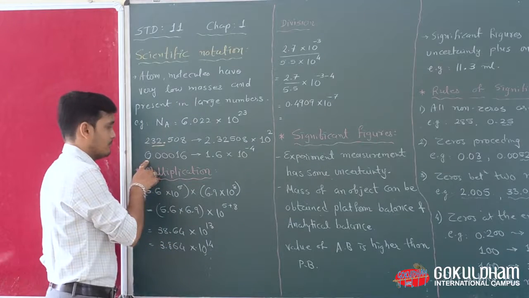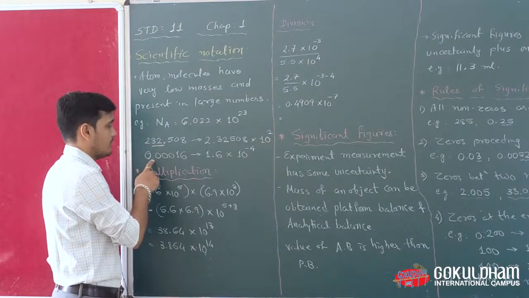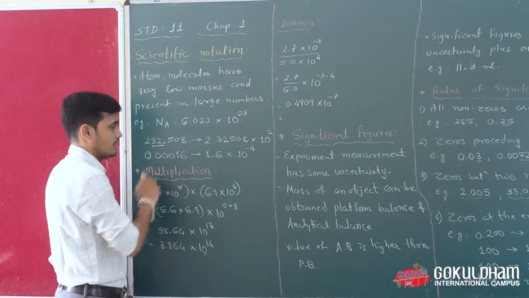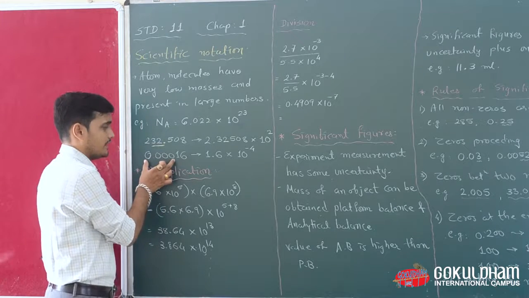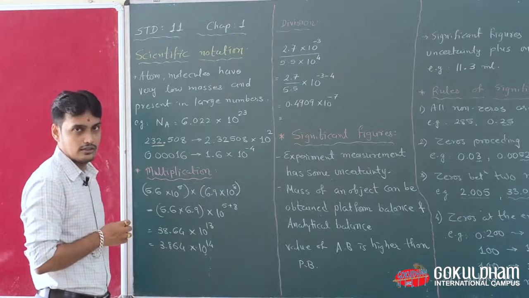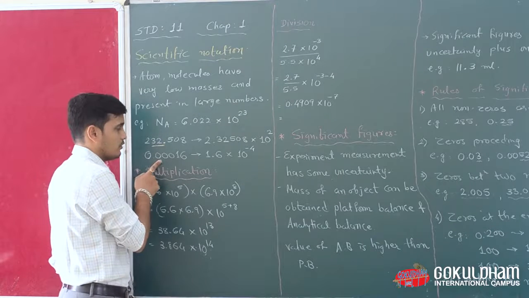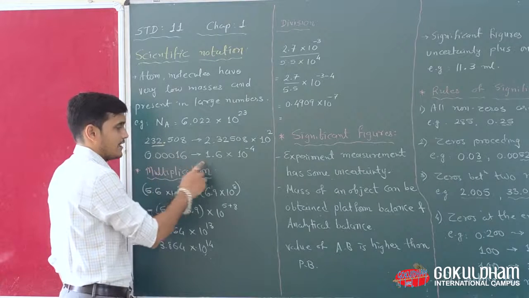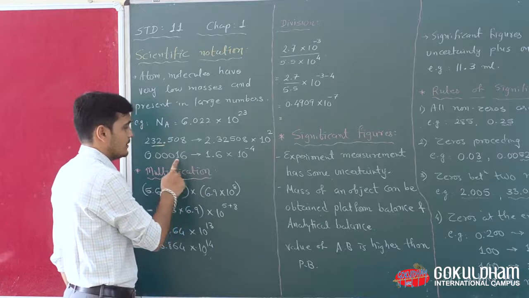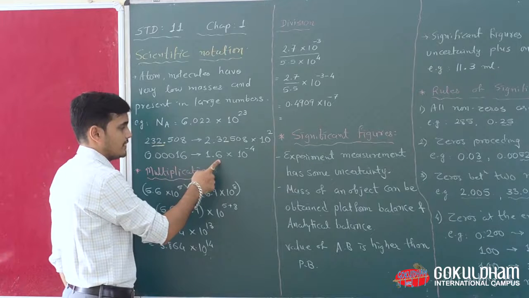In another example, there is 0.00016. This value contains a majority of zeros, so this decimal goes to the right-hand side and our value becomes 1.6.